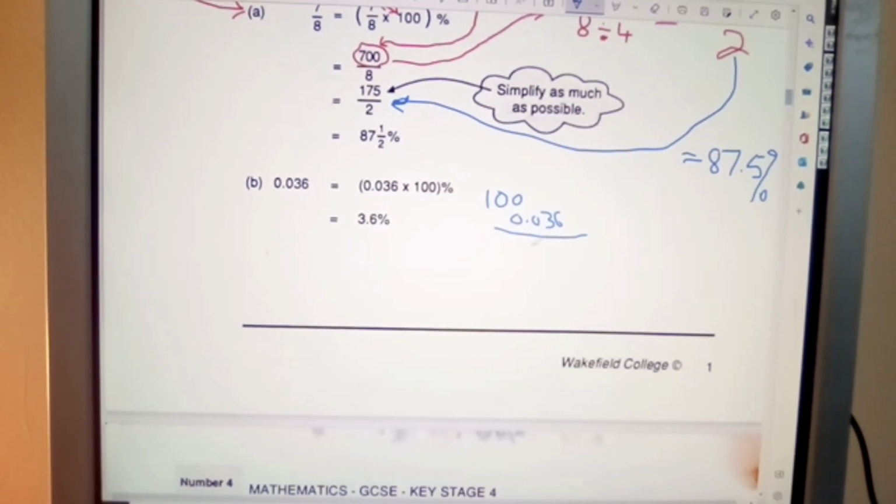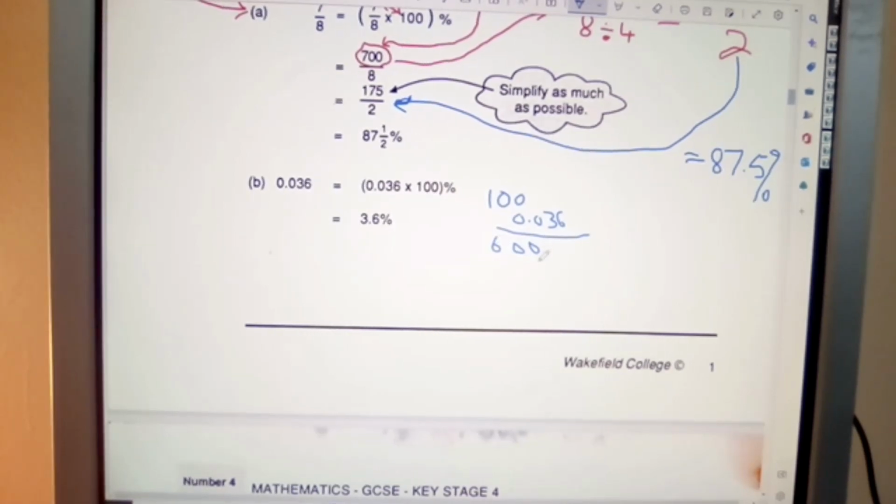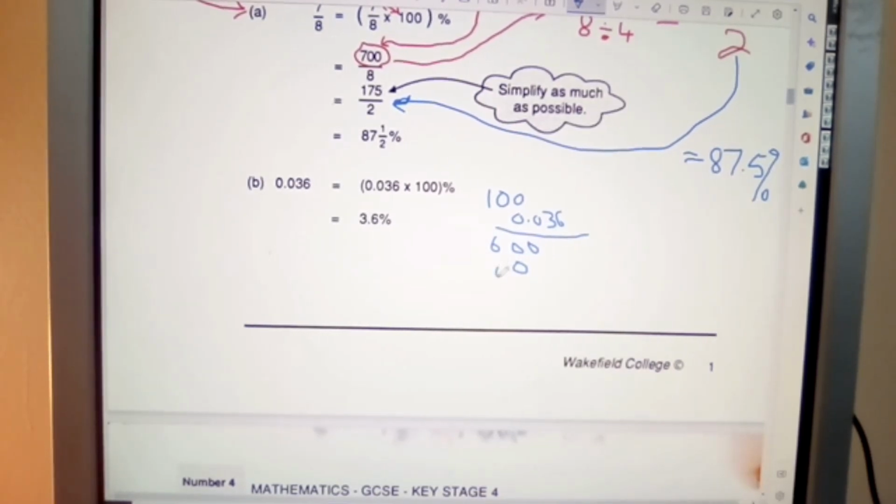6 times 0 is 0. 6 times 0 is 0. 6 times 1 is 6. Now 3 times 0 is 0. 3 times 0 is 0. 3 times 0 is 0, and 3 times 1 is 3.